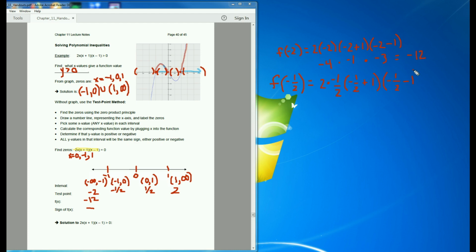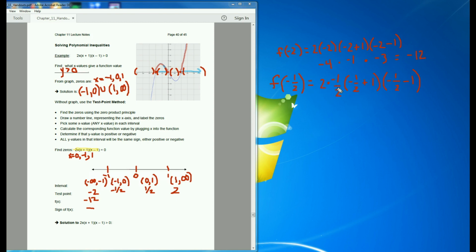Now here's the thing. I don't really care what f of negative 1/2 is. All I care about is whether it's positive or negative. We don't need to evaluate this, we just need to evaluate what sign it's going to be.